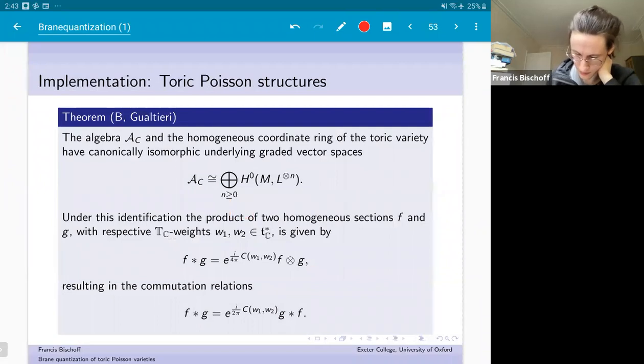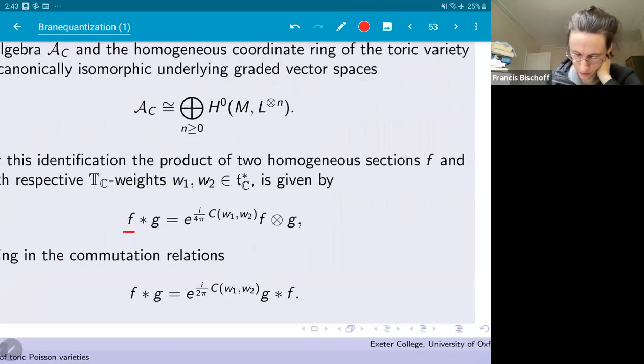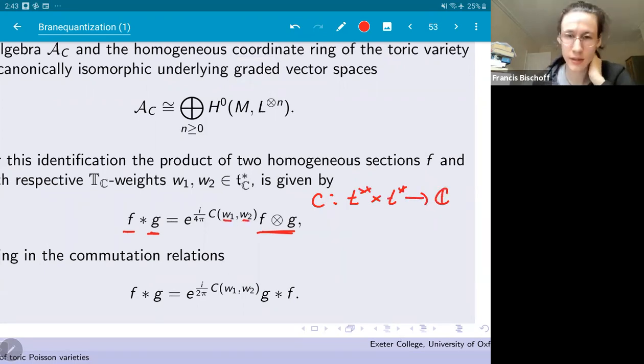So essentially we take the sections of the line bundle and we just tensor them, but then we multiply them by a prefactor. So C is something that goes from T star cross T star to C, I guess. And so you plug in the weights, and that's the prefactor that you have to multiply with.